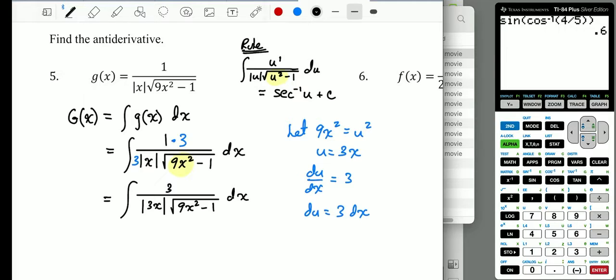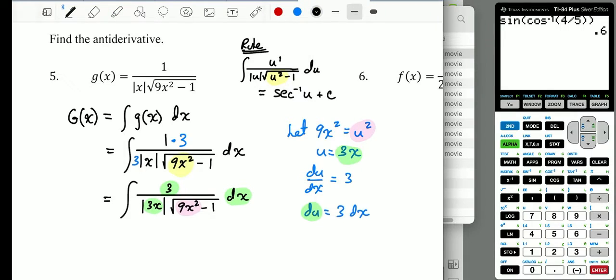We're in pretty good shape here because I can now, and I'll use my highlighter again, swap out the 3 dx for a du. I can swap out, I'll use the pink here, the 9x squared for a u squared, and I can swap out the 3x for a u.